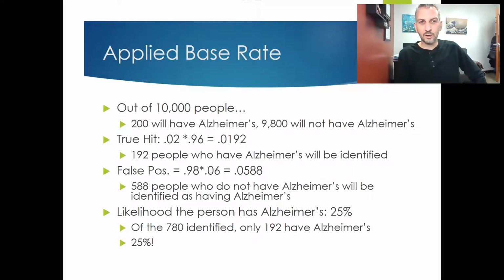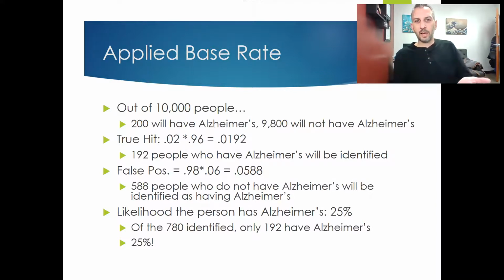You could do this in different ways, but you could take the 9,800 people and say there's a 6% chance that they could be falsely identified as having Alzheimer's. So you come up with 588 out of the 9,800 who will be told they have Alzheimer's. When you think about that, 588 out of 9,800 is not a high number.